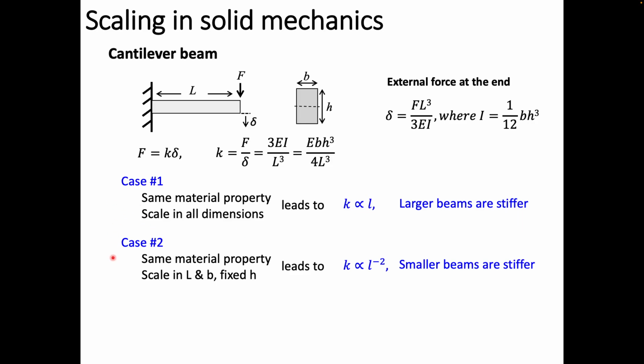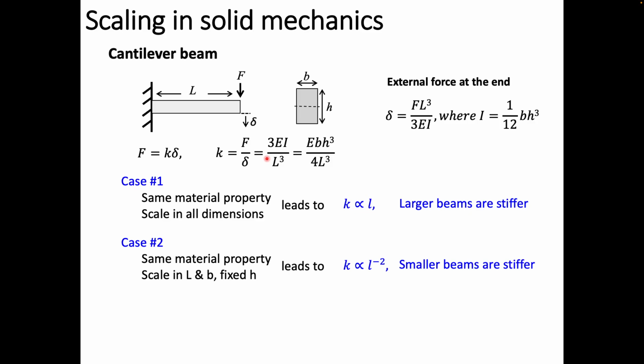Obviously, we are not going to change the material, so we are dealing with the same material property. For example, Young's modulus does not change if you don't change the material. Also, we are not talking about nanomaterials, so as we scale up and down, we are still at bulk scale and the material property does not change.